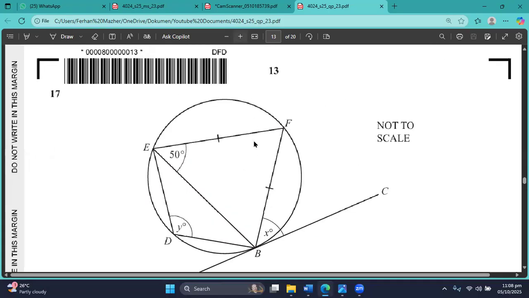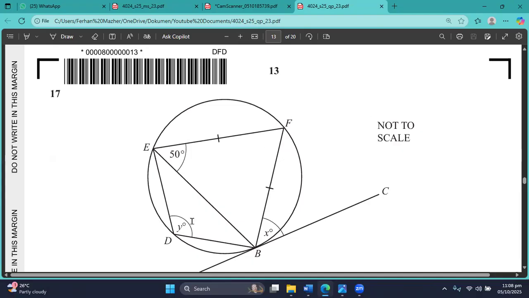Because this side and this side are equal, this angle will be 50, because these two are the base angles of the isosceles triangle. Once you know this is 50 and this is 50, you can find this angle. The sum of the internal angles of a triangle is 180, so from 180 subtract 50 and 50, this will become 80.